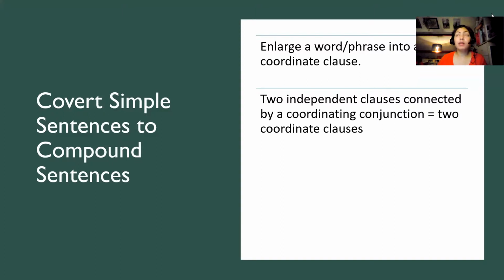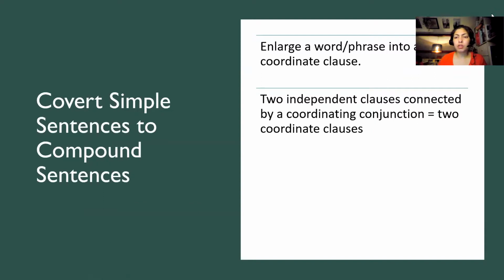For example, you can say, I eat mangoes, I eat bananas. These are two independent clauses. How can you join them? I eat mangoes and I eat bananas. Now, you've made two clauses. You haven't changed the meaning of the sentences. And these are two coordinate clauses. Why? Simply because they are joined together by a coordinating conjunction.